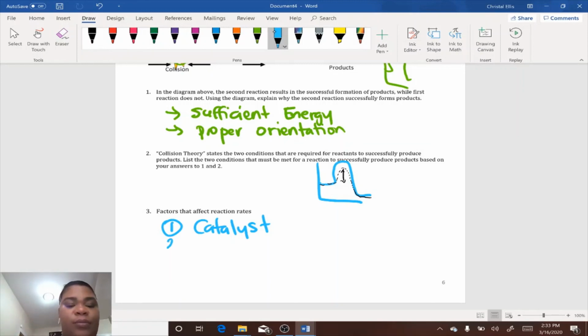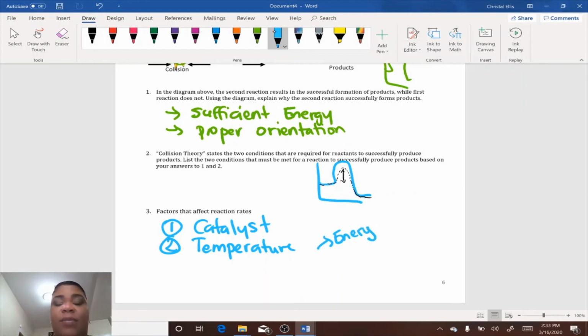Additionally, temperature affects your reaction rate, because if you have high temperatures, that means there's sufficient energy for the molecules to collide, since they are overcoming the activation barrier.